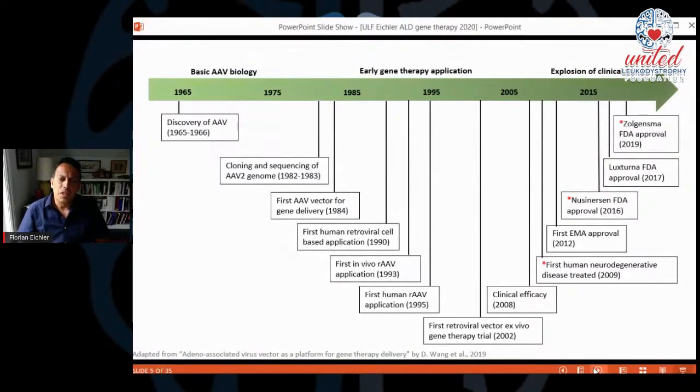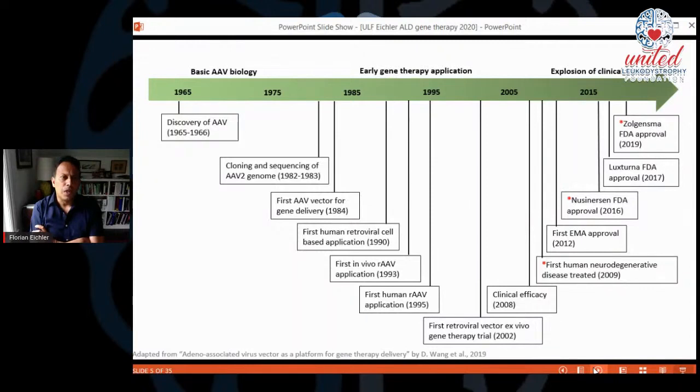So the history of gene therapy has been one of much excitement lately, but it must be remembered that this history goes back many decades and has not always been a history where everything was moving forward, and there were many bumps along the road.